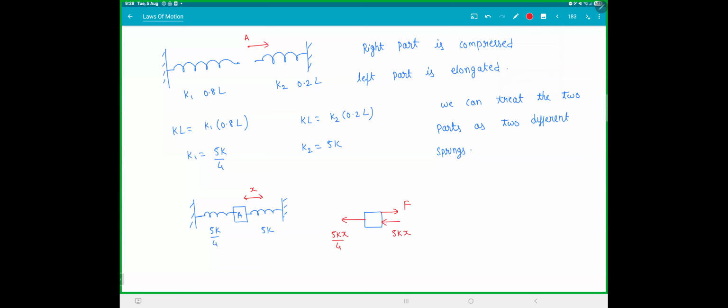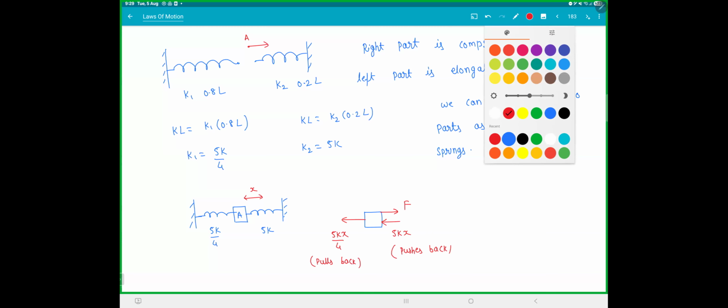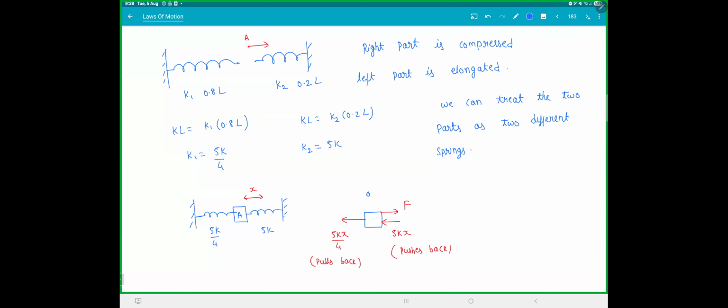Is that making sense, everyone? The right side gets compressed, so this will push back. This thing pulls back. So both the springs are acting in the same direction. Since it is in equilibrium, acceleration is 0. So F must be 5kx plus 5kx by 4.